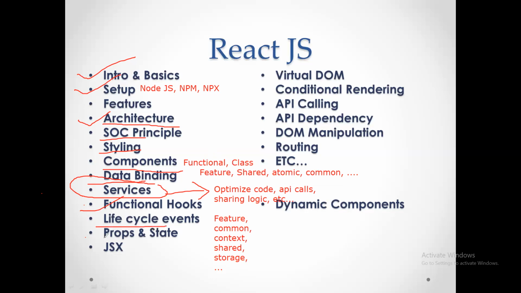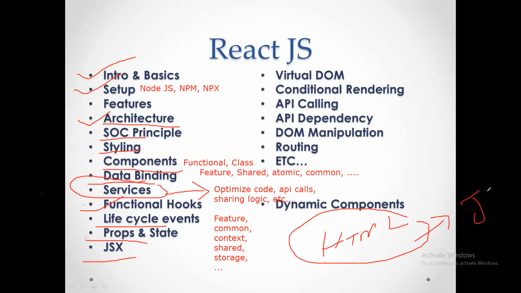Okay. Lifecycle events. Next, state management using props and state. Next, JavaScript XML. For example, we have HTML, correct? Can I write HTML in JavaScript code? I have a .js file. Can I write HTML in the .js file?